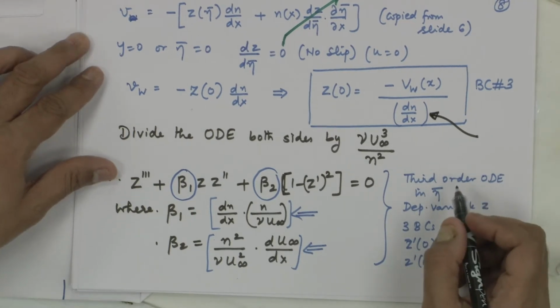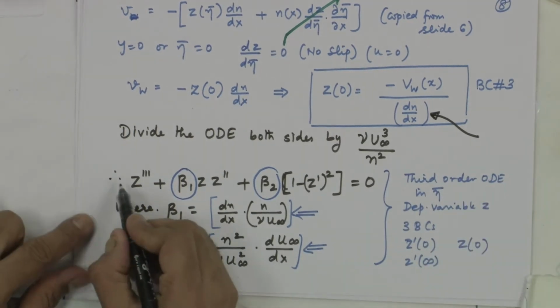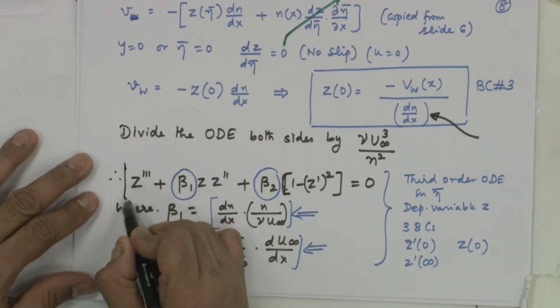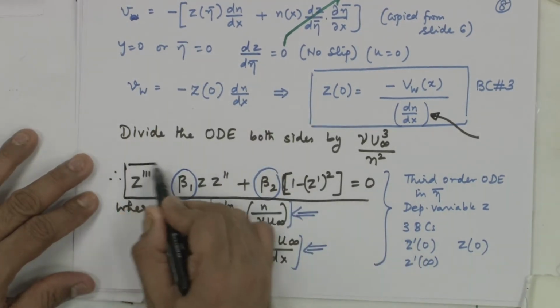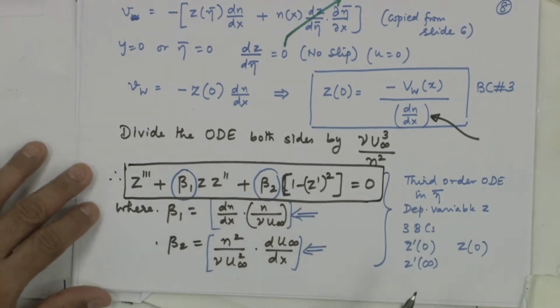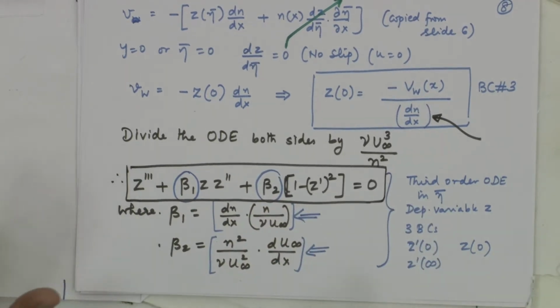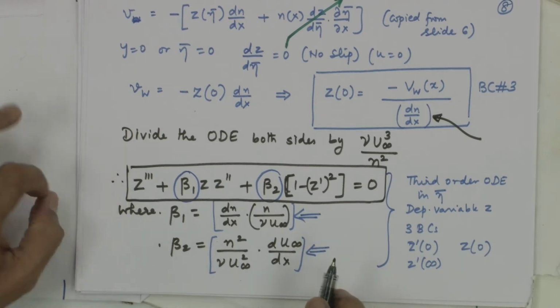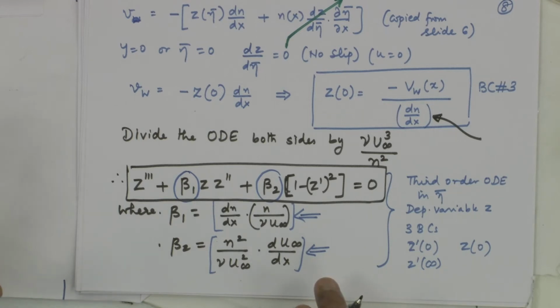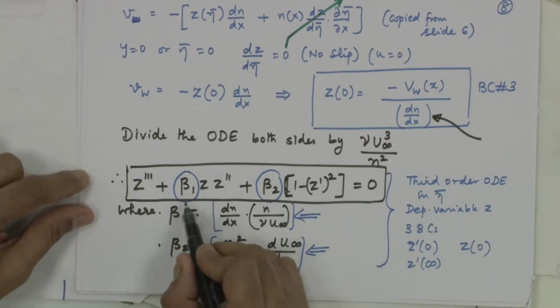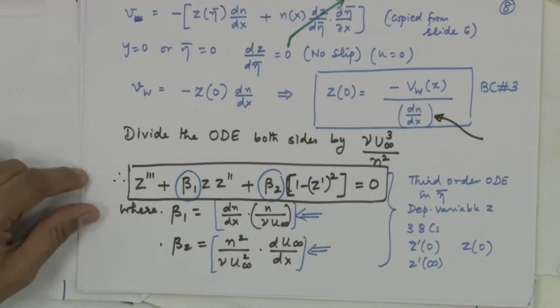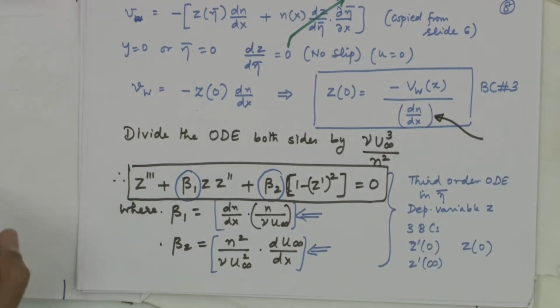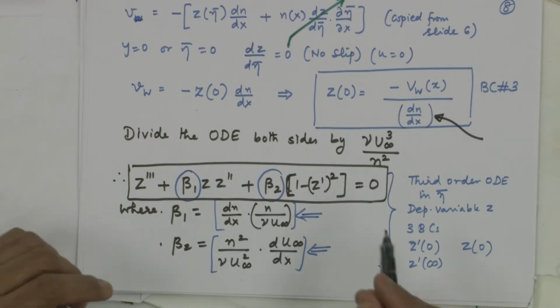None of these, please note, this equation which has been derived will admit similarity, is strictly going to admit similarity, meaning z is going to be a function of eta bar only, and any dependency on x and y should be completely lost, because even if beta 1, beta 2 or this one has an x or y dependency, you have no control over those and eta.